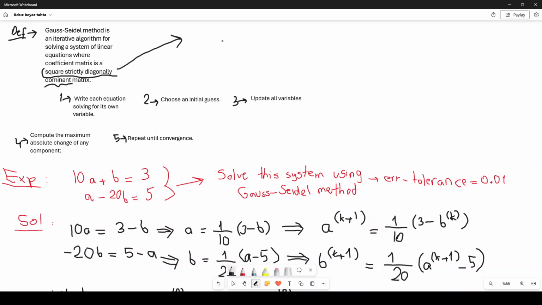And what does it mean for a matrix to be square and also to be strictly diagonally dominant? Let's first define that. A matrix is just a rectangular array that is arranged in rows and columns. In this case, the number of rows and the number of columns may be different.